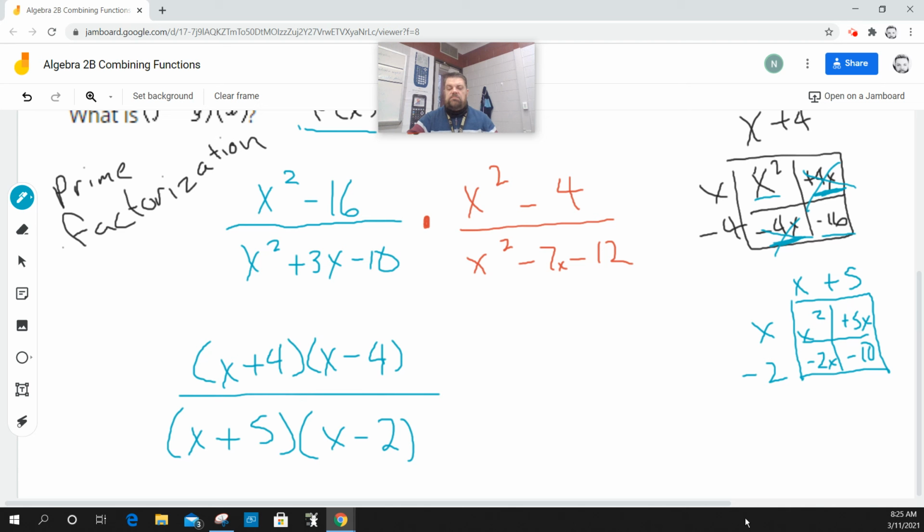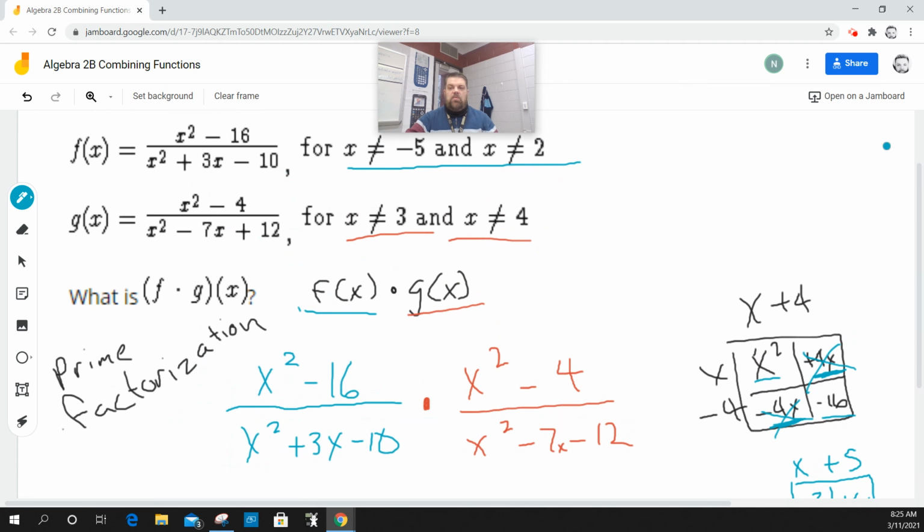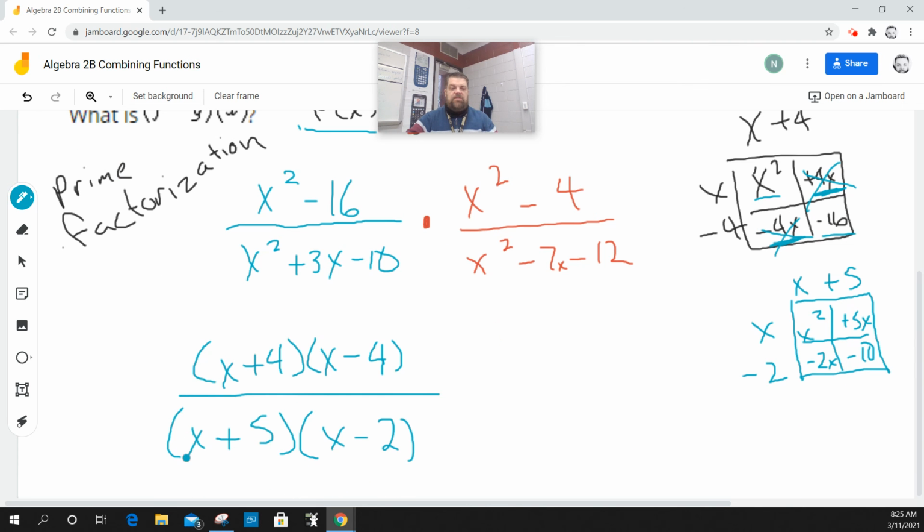Okay? And where does that come from? Well, it tells me I can't have negative 5. Why? Because if I were to plug in negative 5 right here for x, that would equal 0, and 0 times whatever this is going to be 0, and you can't have 0 in the denominator.